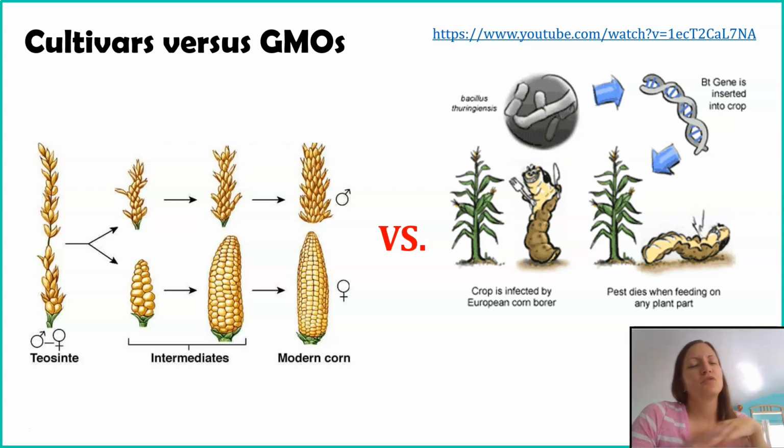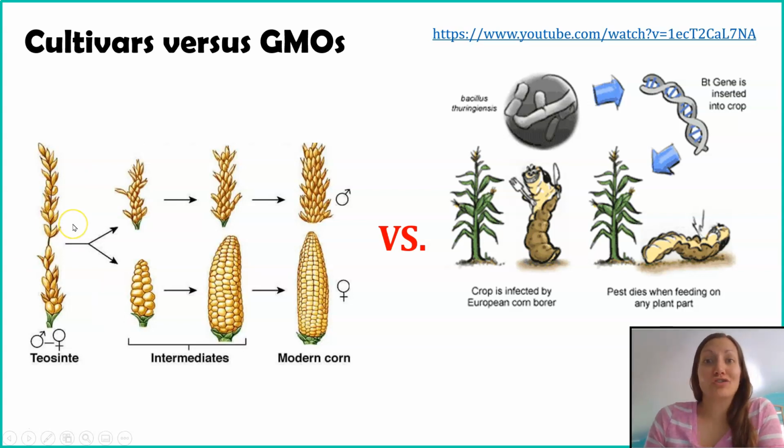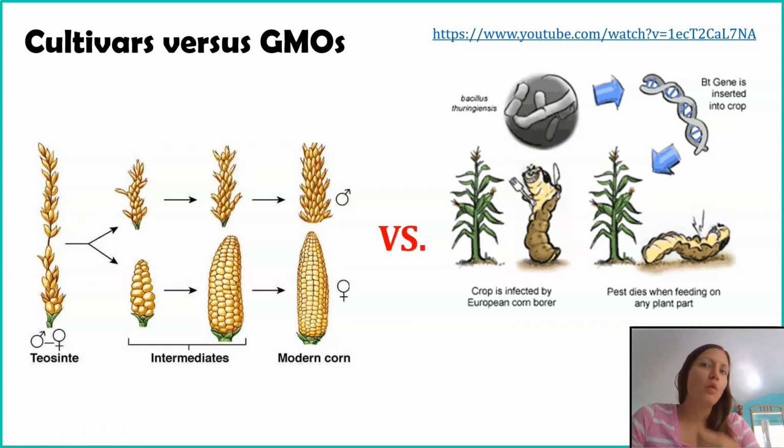I'm trying to make the connection to corn. So corn, same thing. Some of this teosinte was larger, maybe had more kernels. And so what we did is we started breeding the ones that had larger kernels, the ones that were bigger than the other ones. We controlled who reproduced to pass those genes to the next generation.